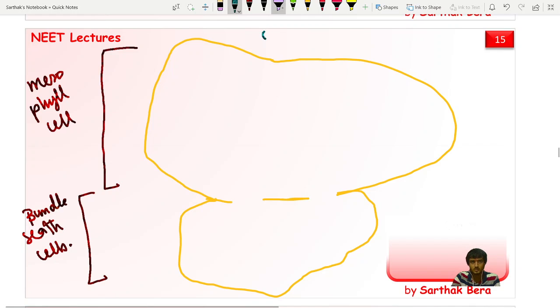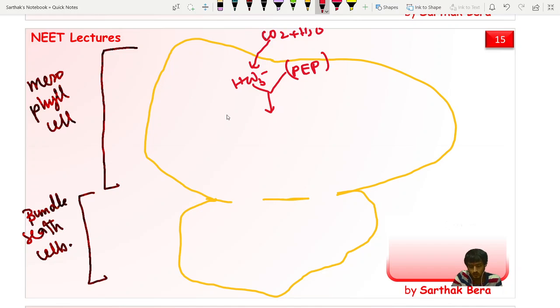in the atmosphere there is CO2. CO2 is fixed with H2O from the atmosphere, and it forms bicarbonate ion, HCO3 minus ion here, and this HCO3 minus ion adds with phosphoenol pyruvate to form oxaloacetic acid.